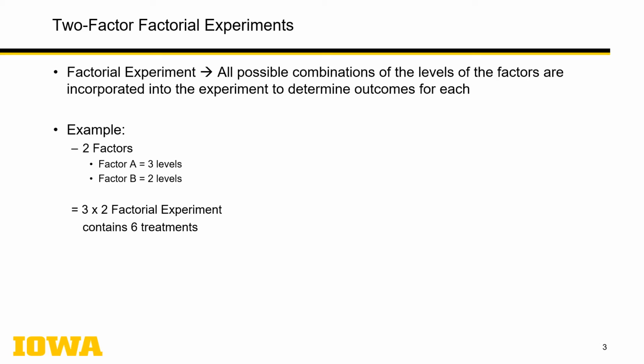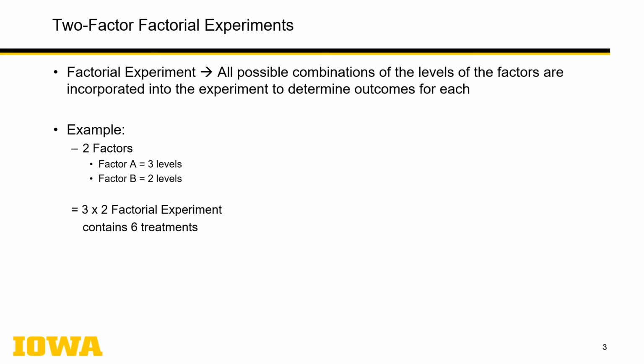And again, in review, if it's a balanced design, then there is an equal number of observations in all 6 treatments. So if we choose an n of 3, then 6 times 3 equals 18 total samples that were taken for this experiment.